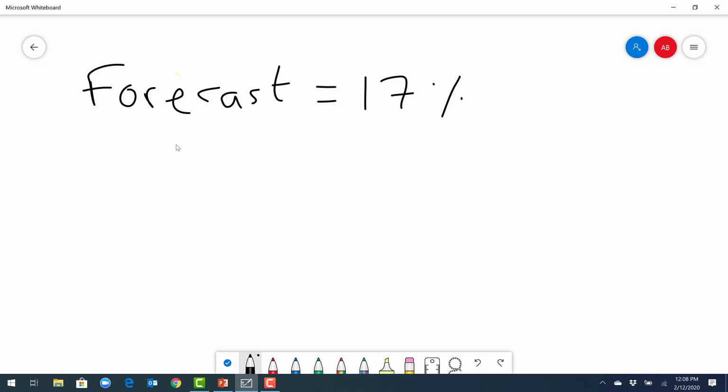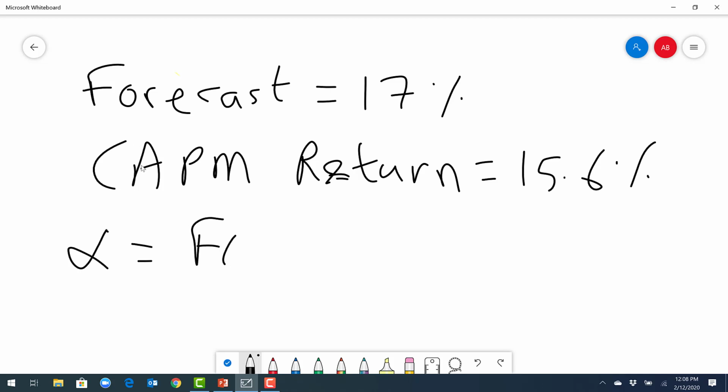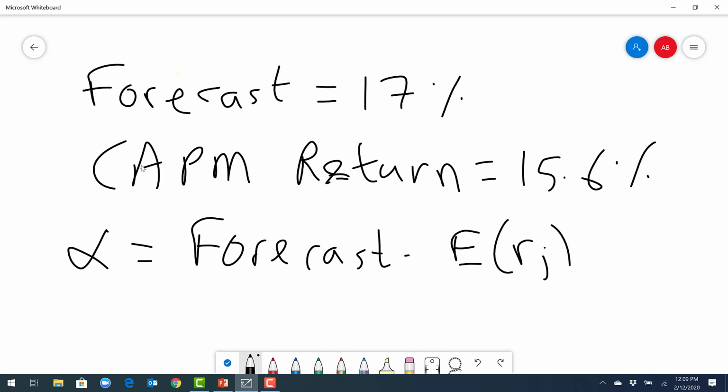All right, so this is your forecast, 17%. Again, CAPM return is 15.6%. Alpha is the difference between your forecast minus the expected return from CAPM.